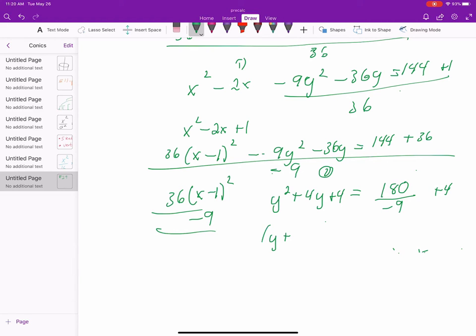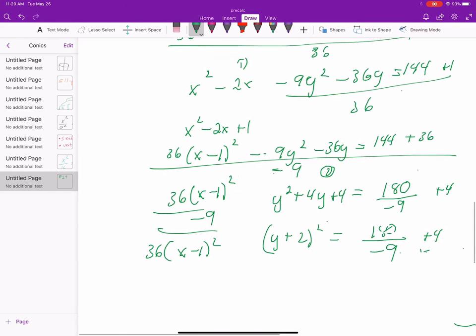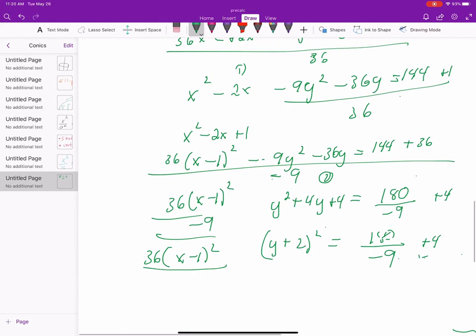And now I can go y plus 2 squared equals 180 divided by negative 9, plus 4. I get this 36 sitting out here, I got a negative 9 down here on the bottom, so I'm ready to multiply by that negative 9.